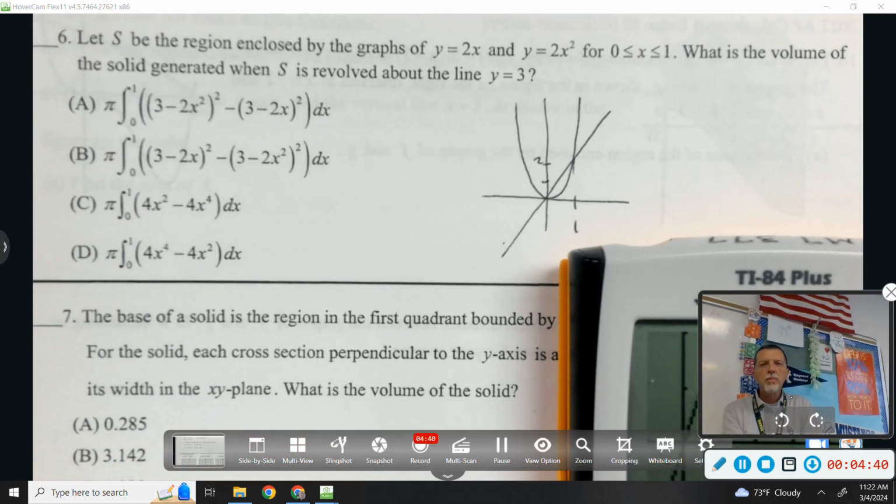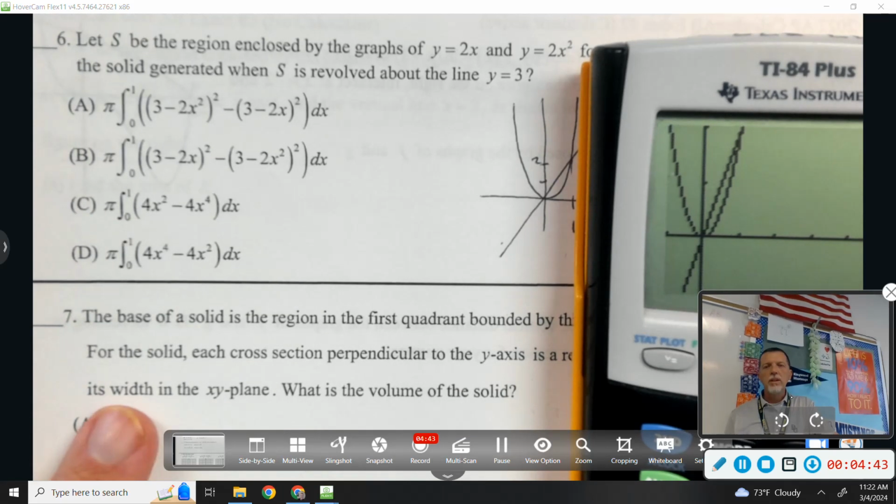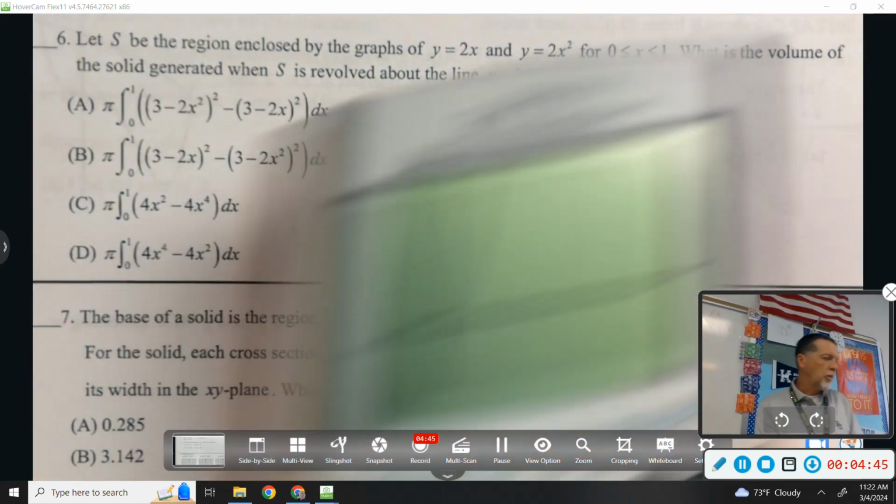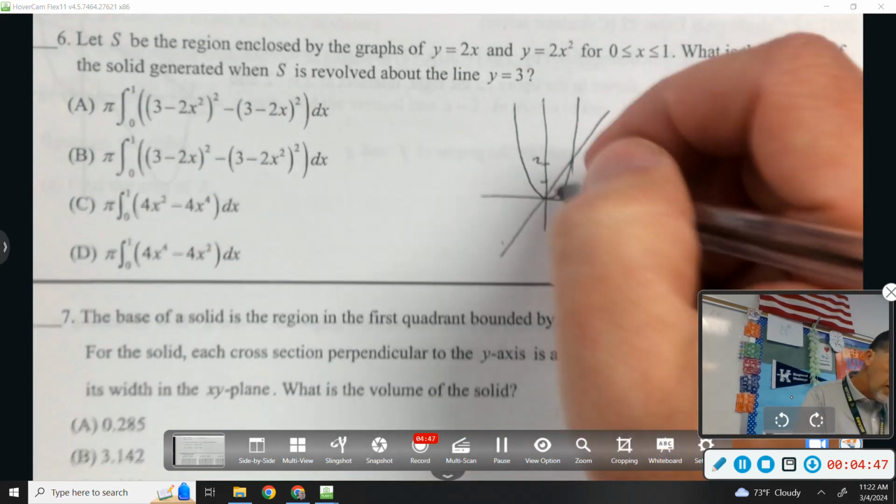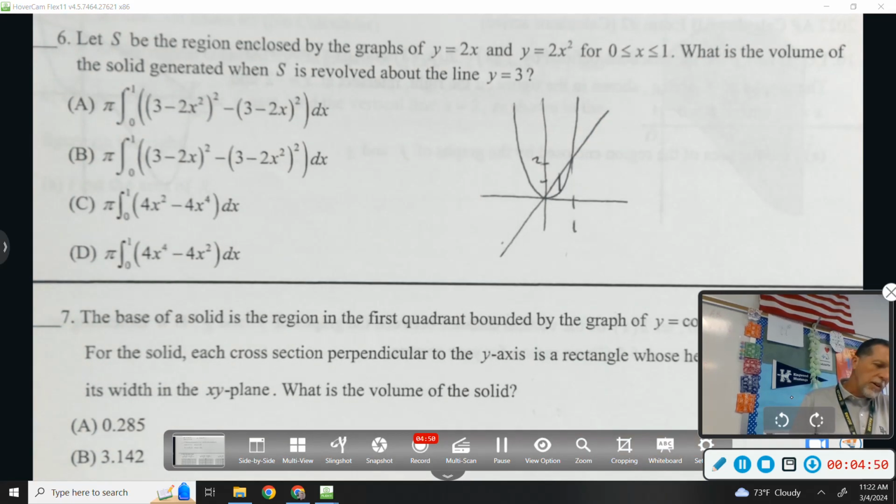There's the line, and there's the parabola. Okay, so the line is the top one. That probably is what we're getting at here. What's the volume of S when revolved around the line y equals 3?